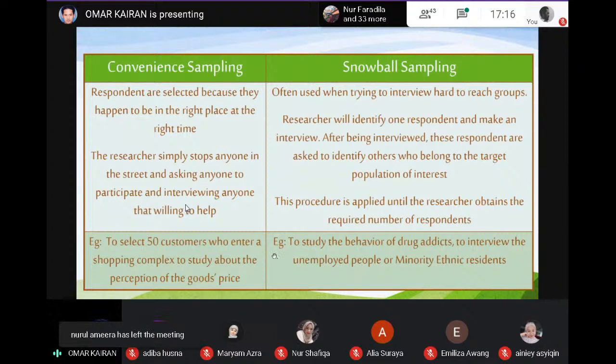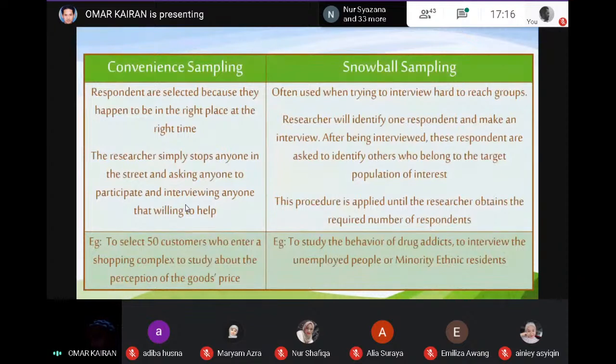So example also given here. To study the behavior of drug addicts, to interview the unemployed people in minority ethnic residents. So drug addict people ni susah kita nak identify kan. Sometimes maybe orang tu sihat, besar je.